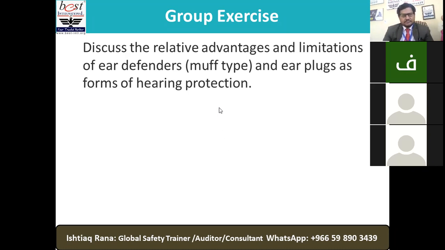Both of them are accessible, and this is from the advantages. Even though the earplugs are easier to impose. So I see the disadvantage only in the use between the muffs and the earplugs. Mhm. Yes, any other opinion by anyone?